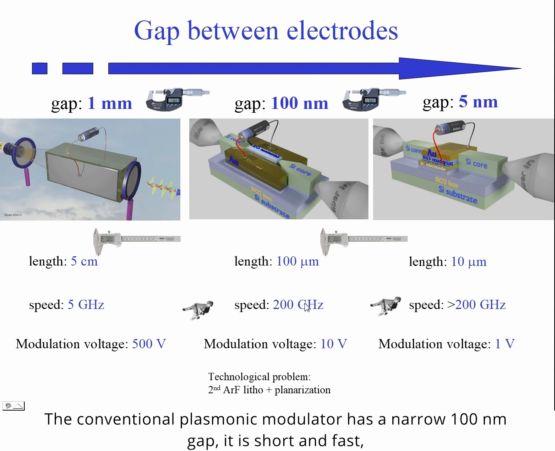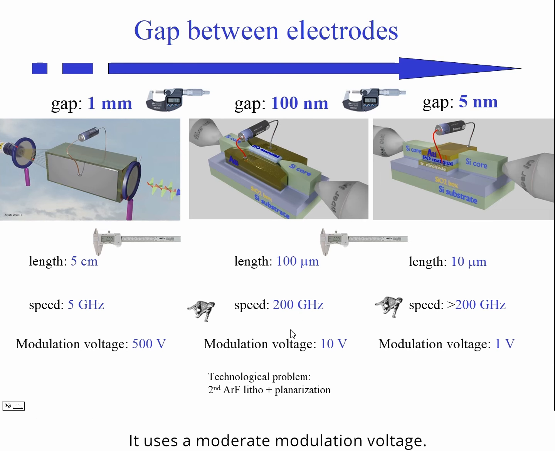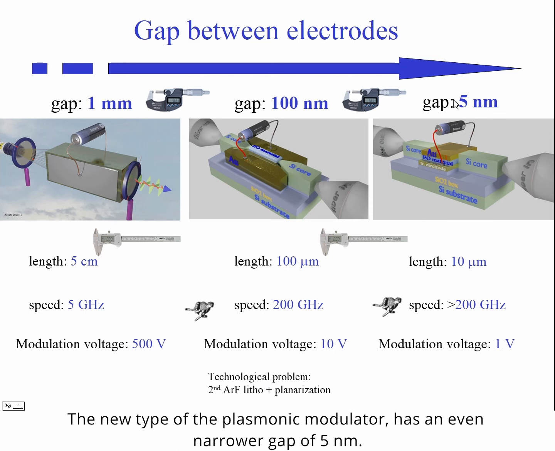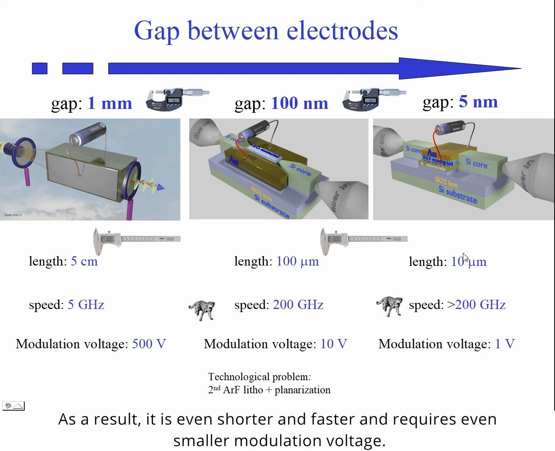It is short and fast. It uses moderate modulation voltage. The new type of plasmonic modulator has an even narrower gap of 5 nanometers. As a result, it is even shorter and faster and requires even smaller modulation voltage.